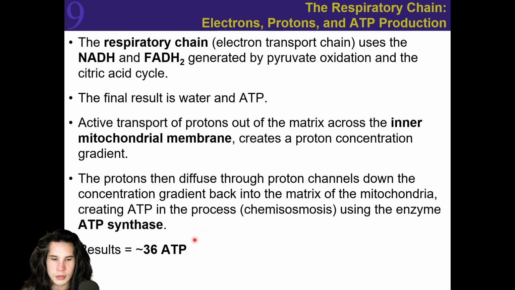So you're going to get roughly 34 to 38 ATP, depending on how you calculate it. It's going to depend on the conditions of the cell, as well as what energy usage you're considering when calculating the overall process. Because remember, to transport pyruvate into the matrix of the mitochondria, it actually takes place through active transport.